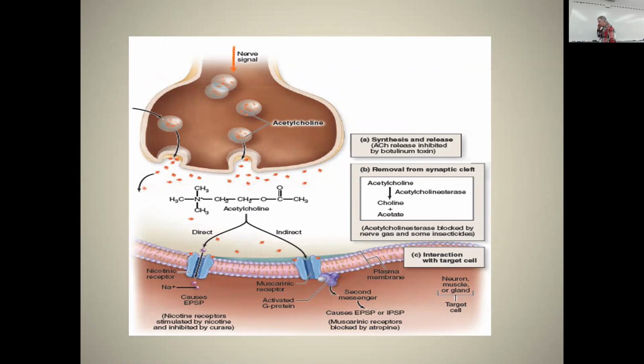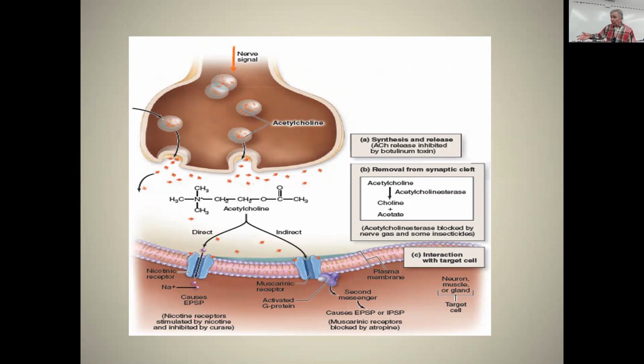So here you can have a cholinergic synapse that has different receptors. Well, we're going to get to this later on in a later chapter. I think in the autonomic nervous system chapter, we're going to talk about different kinds of neurotransmitter receptors.